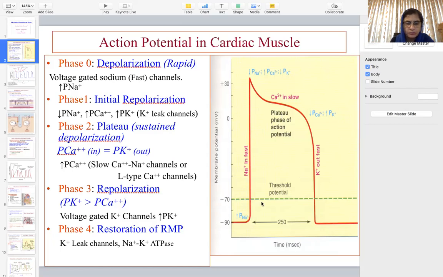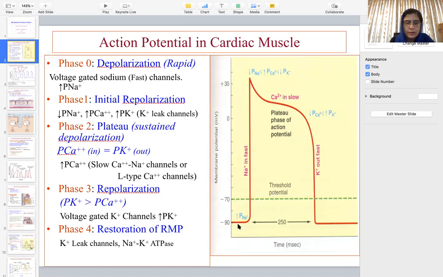So just like the skeletal muscle, the resting membrane potential is again minus 90, again because of the leak potassium channels, and the sodium potassium pump restores the resting membrane potential to minus 90.